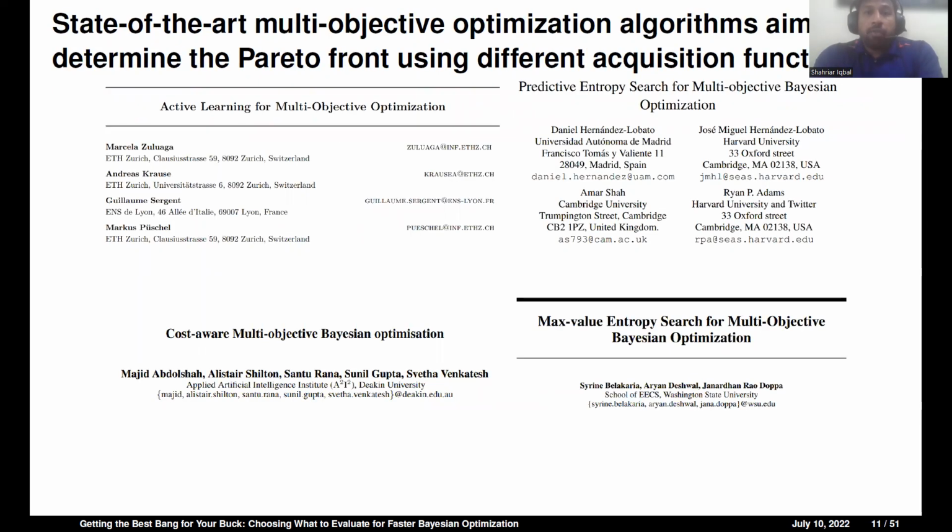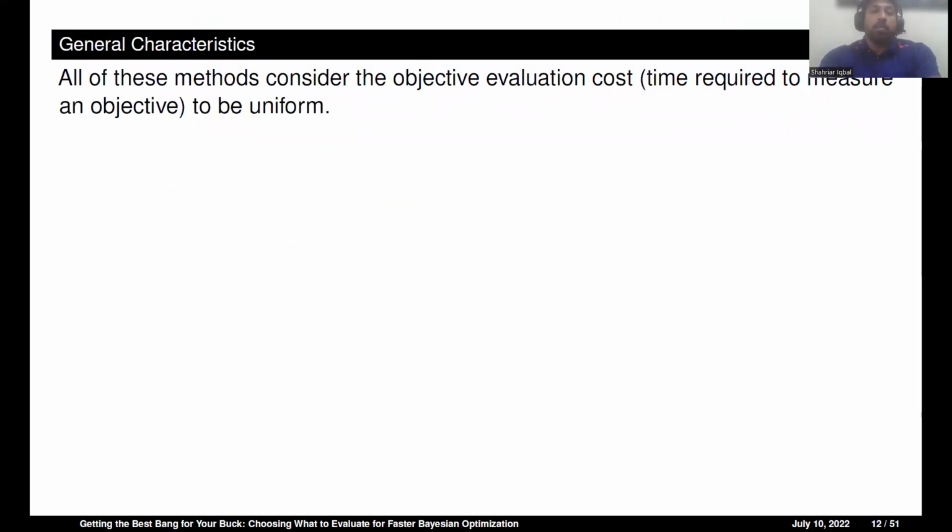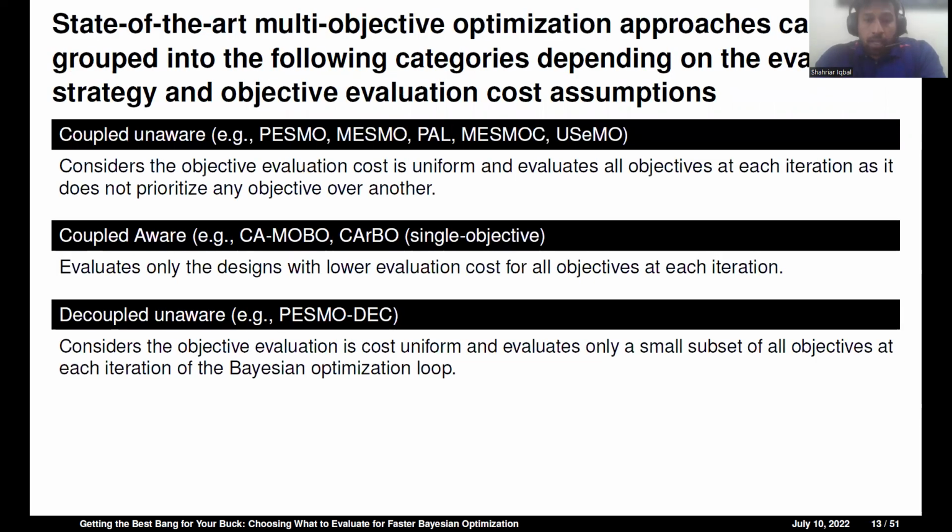There have been a number of multi-objective optimization algorithms proposed to determine the Pareto front using different acquisition functions. One general characteristic of all of these methods is that they consider the objective evaluation cost, which is the time required to compute an objective, to be uniform. State-of-the-art optimization approaches can be grouped into 3 categories.